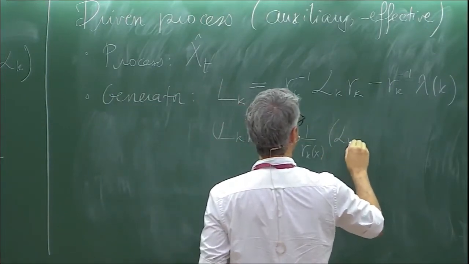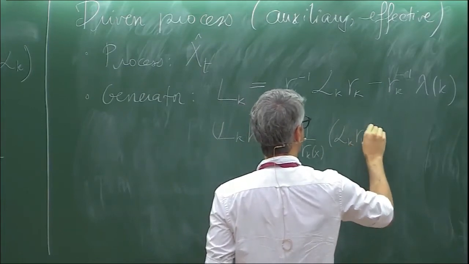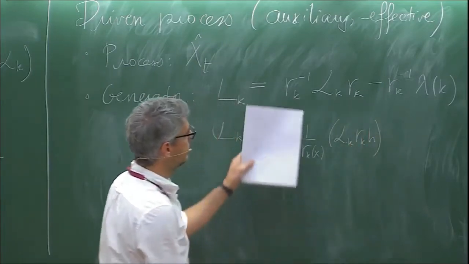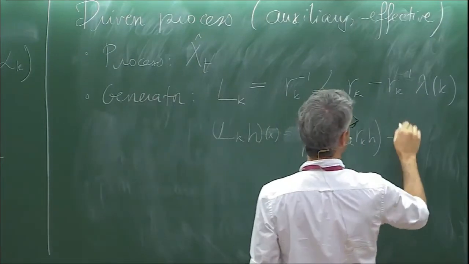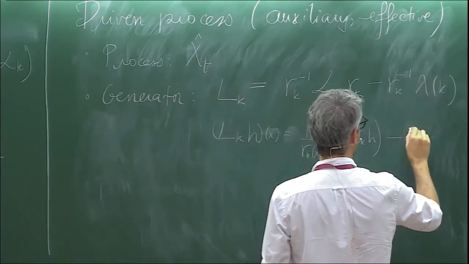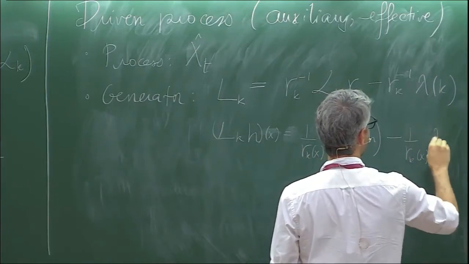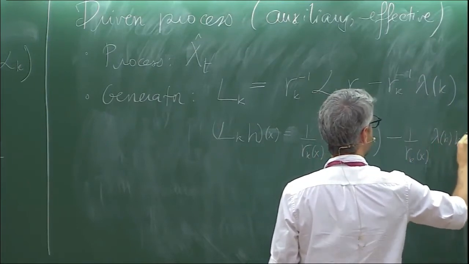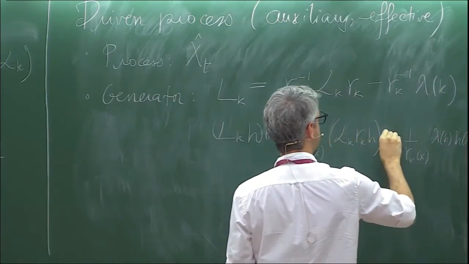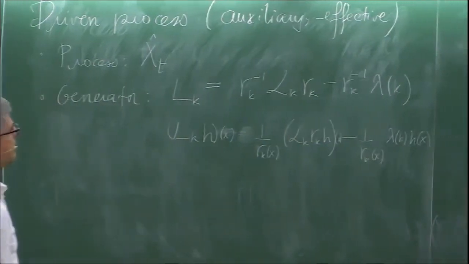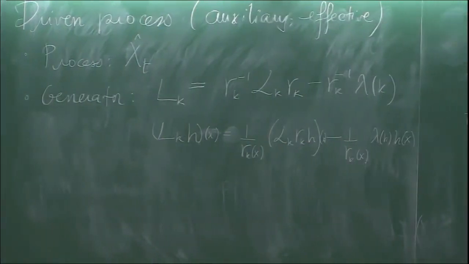Here I'm going to apply the tilted operator over the product. This is only a sort of diagonal constant part that doesn't play any role, except for the normalization. So you see the meaning of this generator.